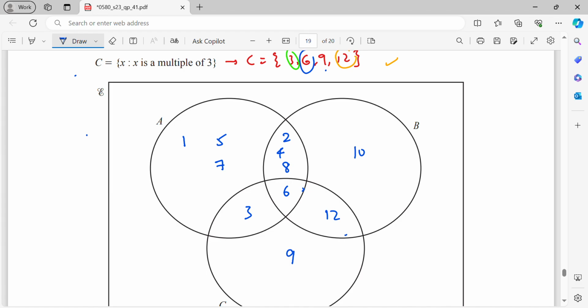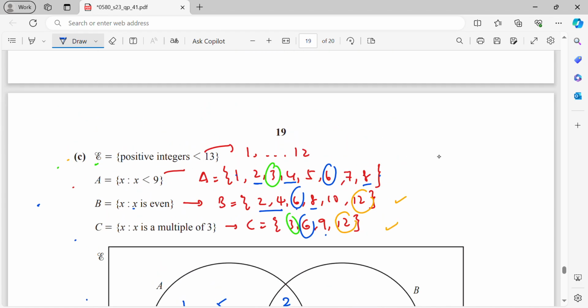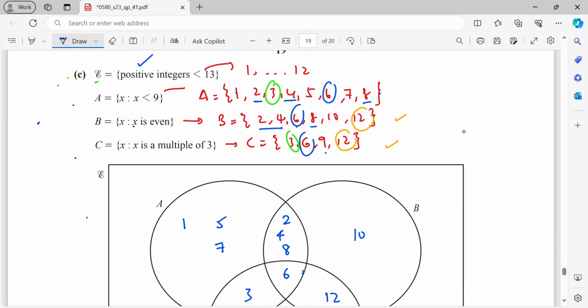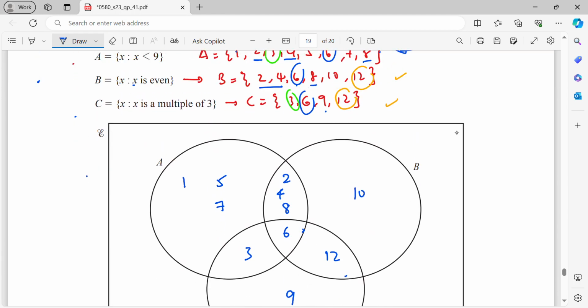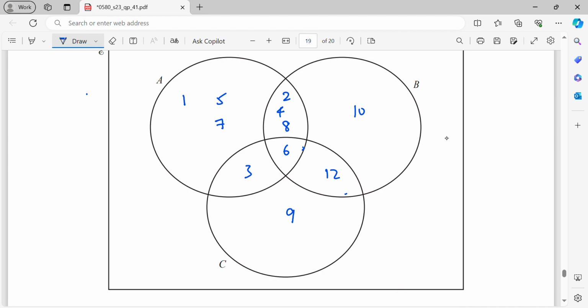So add on the 9. Okay, now, but then when you look at the universal set, right, it is 1 until 12. So now from here, we know that A covers 1 to 8, right? So now the C has 9, then B has 10, and also 12. Then the 11 is not covered. So therefore, 11 will be outside these 3 circles.